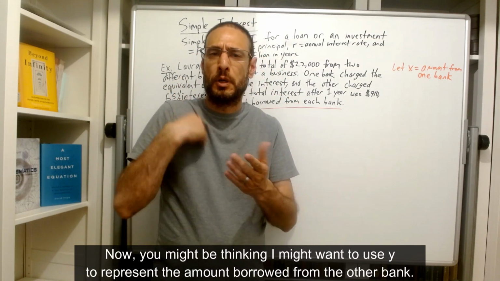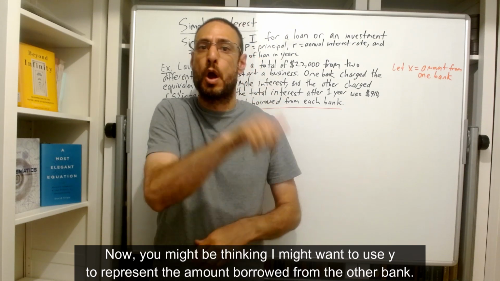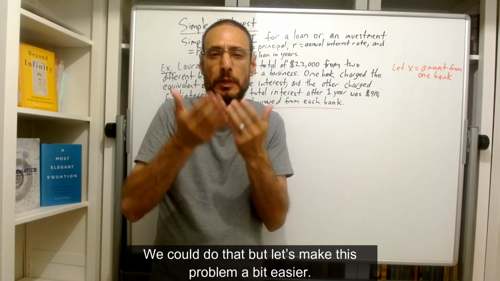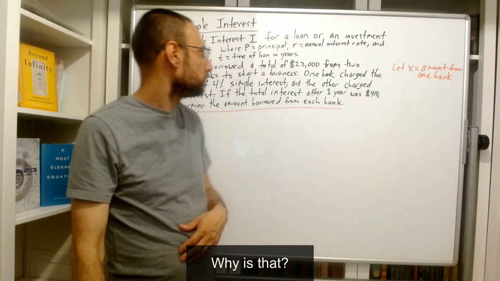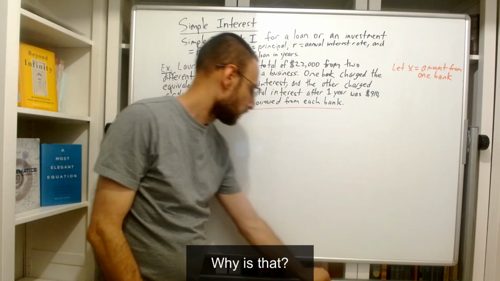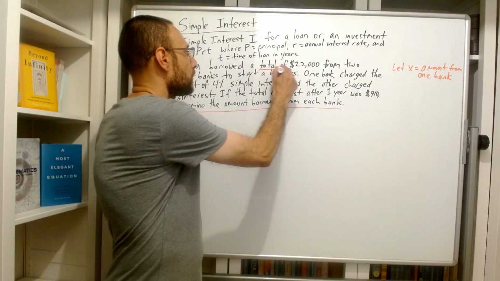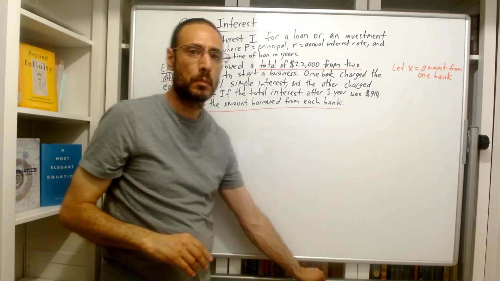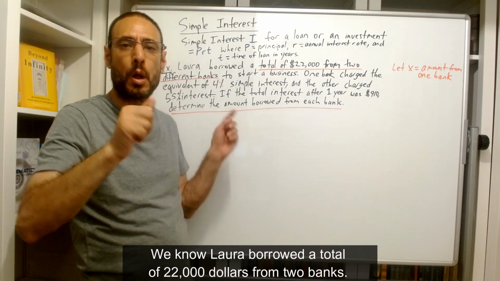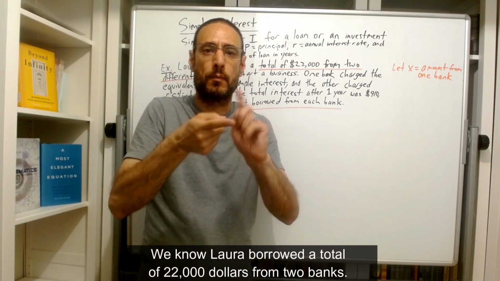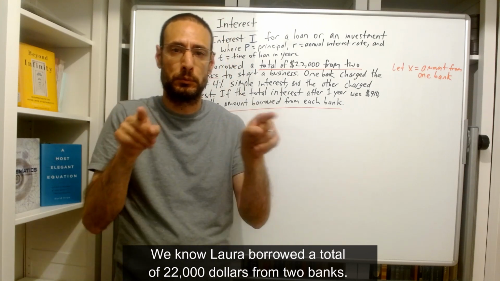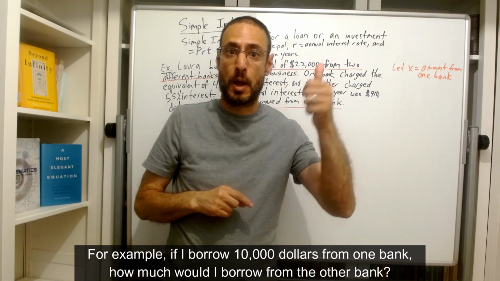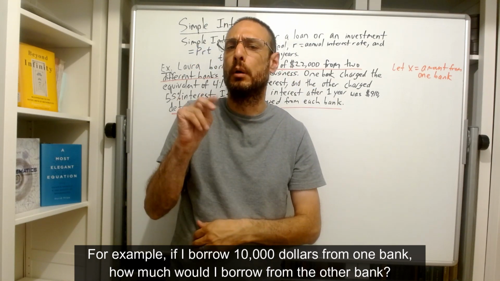Now, you might be thinking I might want to use Y to represent the amount borrowed from the other bank. We could do that, but let's make this problem a bit easier. Why is that? We know Laura borrowed a total of $22,000 from two banks. For example, if I borrow $10,000 from one bank, how much would I borrow from the other bank?